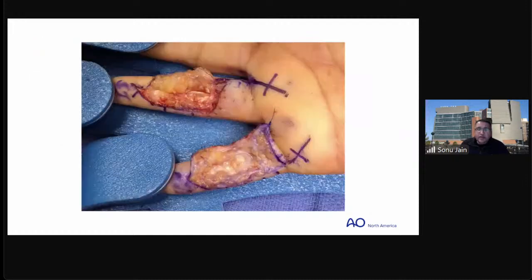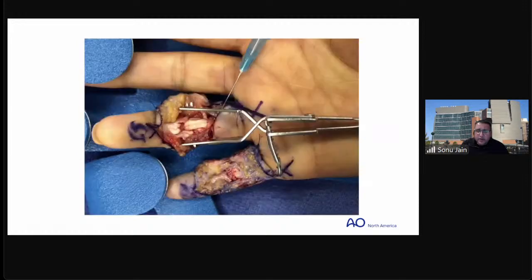So I went in there, and you can see she had lacerations, and I think her ring was a near complete laceration of the FDS, maybe with some small minimal amount attached that was allowing it to bend, as you can see in that upper portion of the photo here. I retrieved these from the palm, and I use hypodermic needles to keep them out to length, so that way when I do my repairs, they're not under tension.